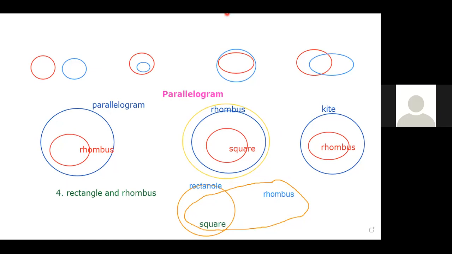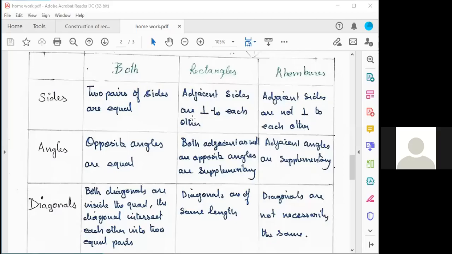Now I will stop share and go back to the previous one from where we started this. Okay, so for rectangles and rhombuses, you should say two pairs of opposite sides, and when you are writing both, at least that should be mentioned.